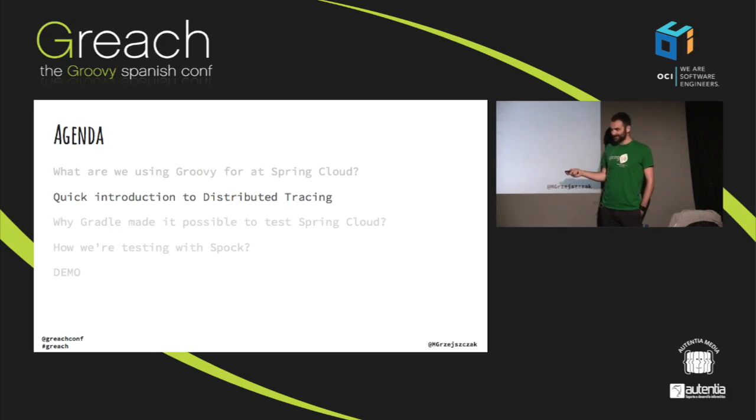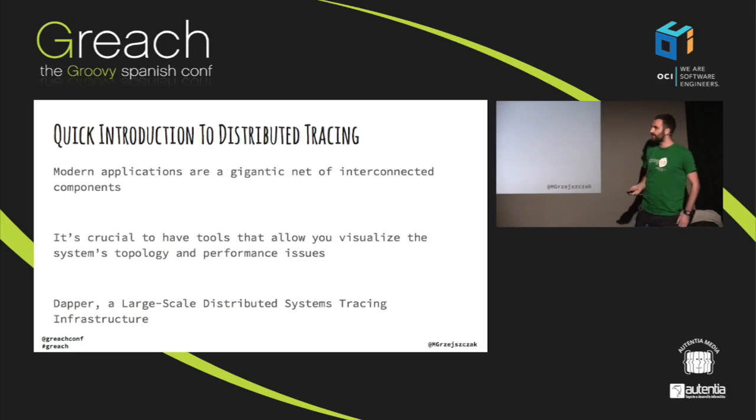Yes, this is actually a word. I didn't know that. It means a detective. So Sleuth is the library that we created for distributed tracing. And today we're going to focus on that one, and I'm going to show you some tests related to this one. So now let's go to a very, very quick introduction to what distributed tracing is.